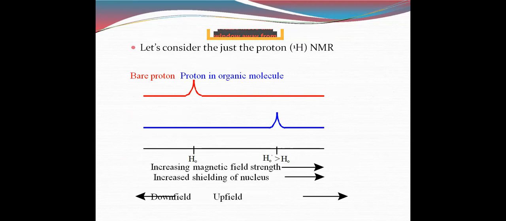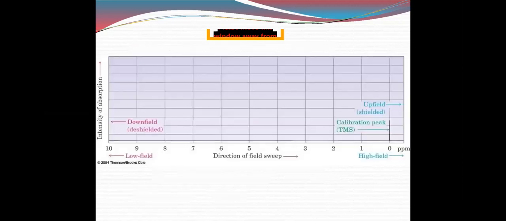It means absorption takes place towards TMS, so the delta value will be lesser. Downfield means the NMR absorptions will be away from TMS. That is what we are discussing here.